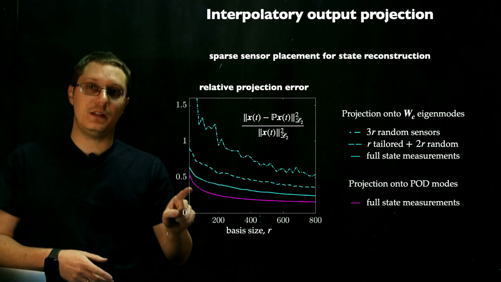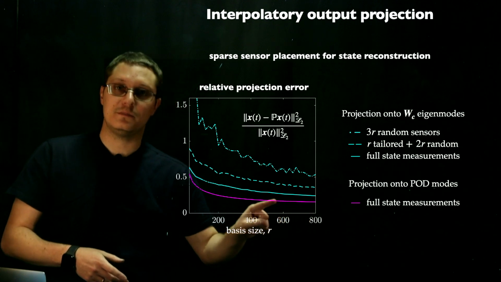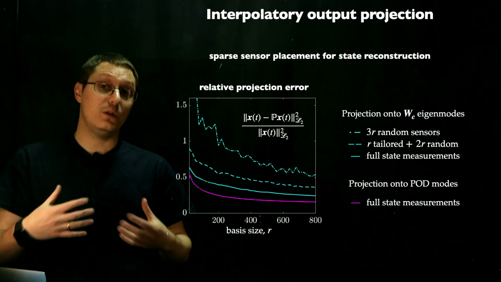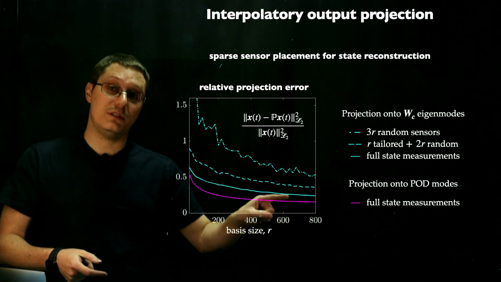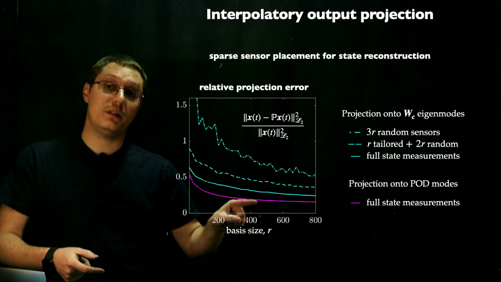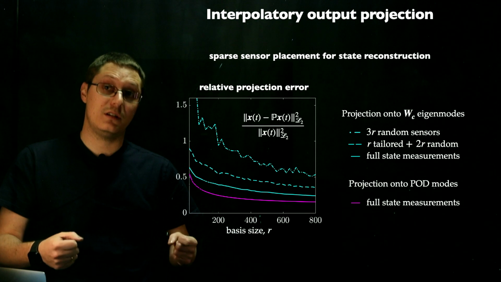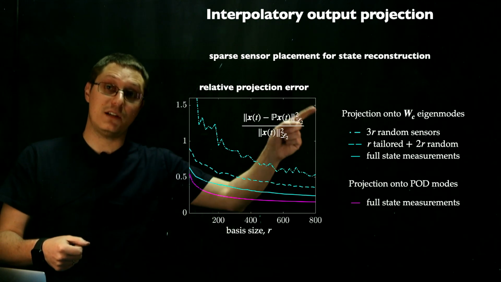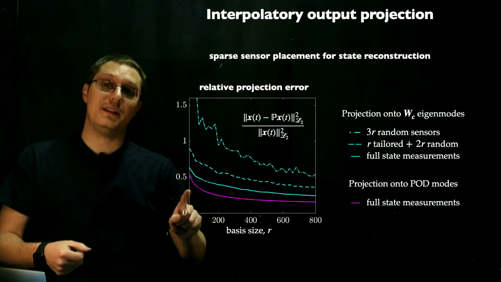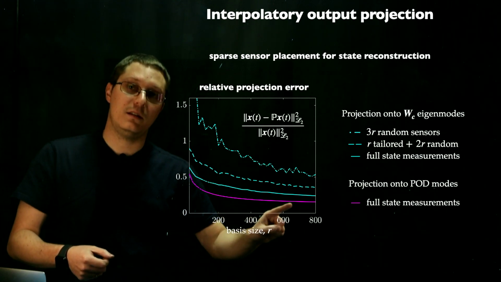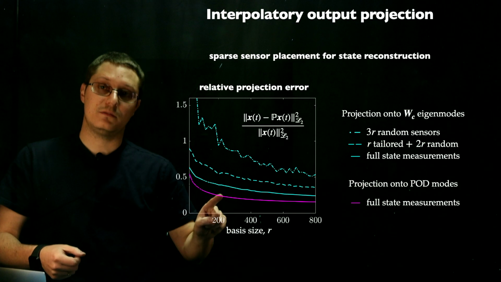And now this pink or magenta line here is the projection onto POD modes. Okay, this is orthogonal projection onto POD modes. So this is the optimal linear subspace for projection. It's actually optimal for this exact metric. So this is the best that we're going to do with any projection.